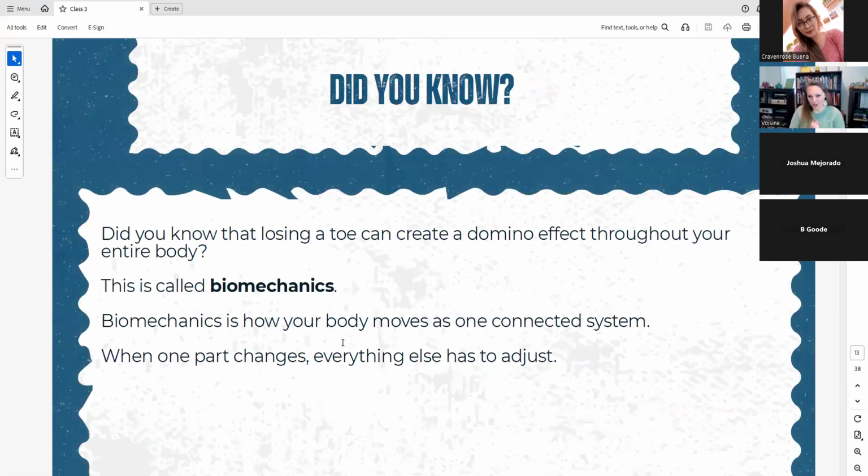So, did you know? This was very interesting. Did you know that losing one toe can create a domino effect throughout your whole entire body? This is called biomechanics. Biomechanics is the way that your body moves as a connected system, because we're connected as a being, right? One thing can mess up your whole body.